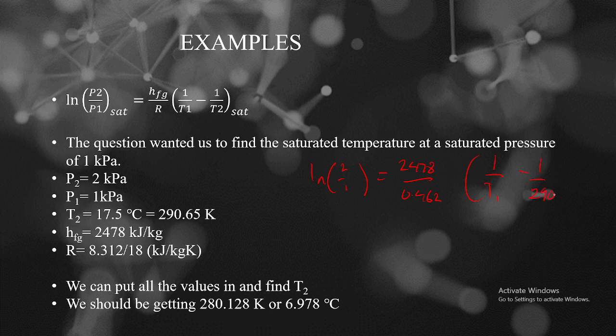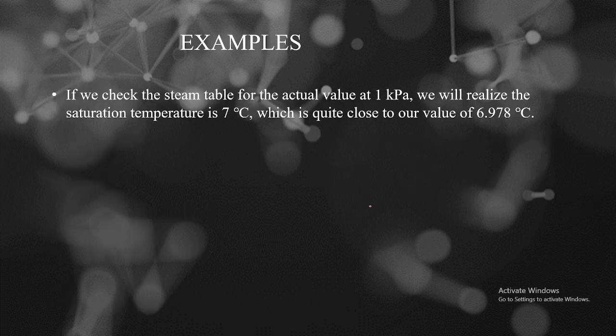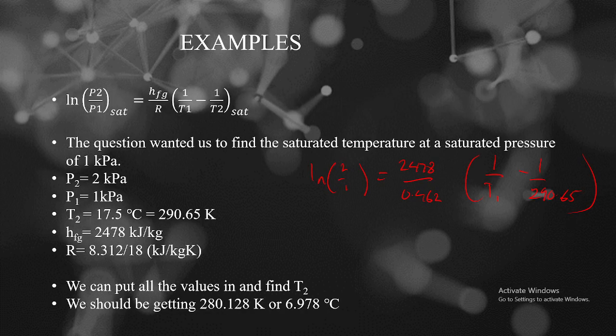But I'll have to express it as an absolute value for calculation purposes, right? So I can simplify this and make T1 the subject. When I do that, I'll end up getting a value of 280.128 Kelvin for T1, right?